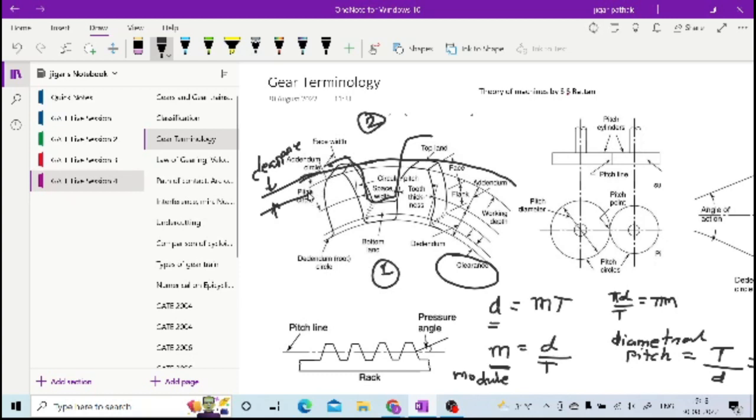And this is the circle which is in contact with the addendum circle of the other gear, while here it can go up to this clearance. So up to this point it can go. This particular circle is the addendum circle for the mating gear, the other gear. So this is how you have the clearance circle and working depth.